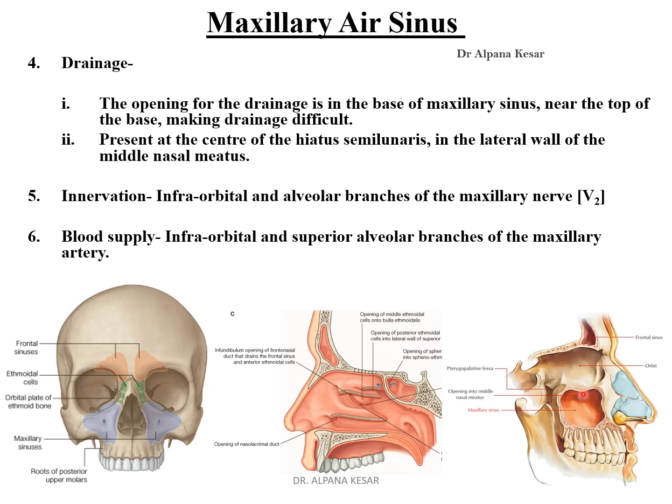This is the base of maxillary air sinus when viewed from inside the maxillary air sinus. We can see that the opening for the drainage is present in the top region of the base. This will make the drainage of maxillary air sinus difficult.